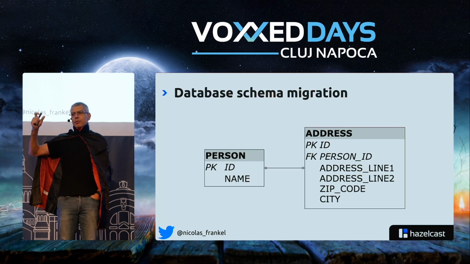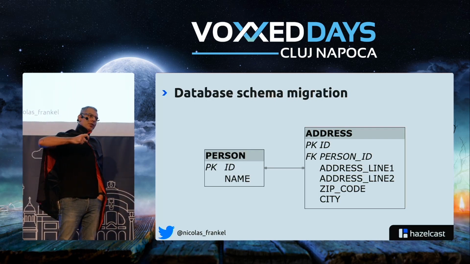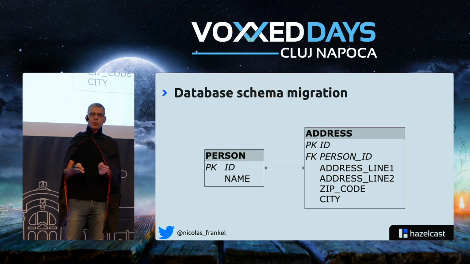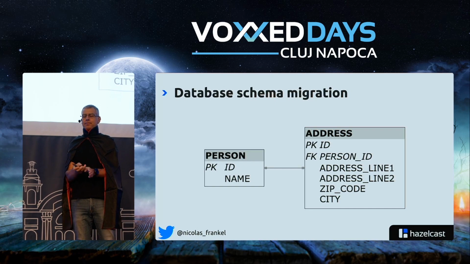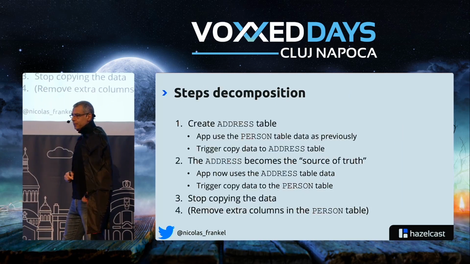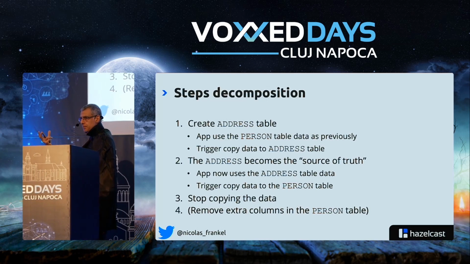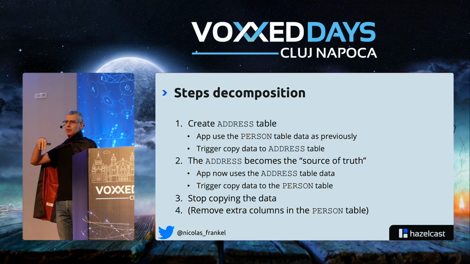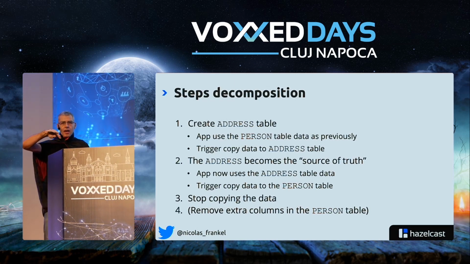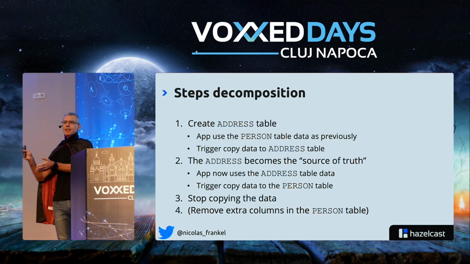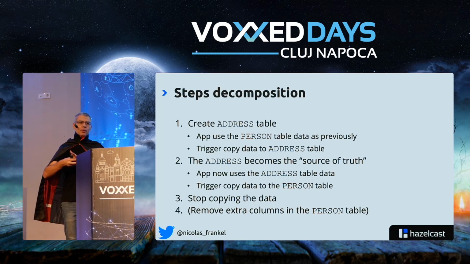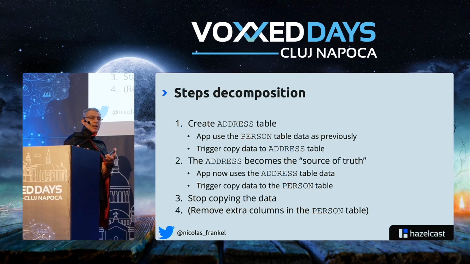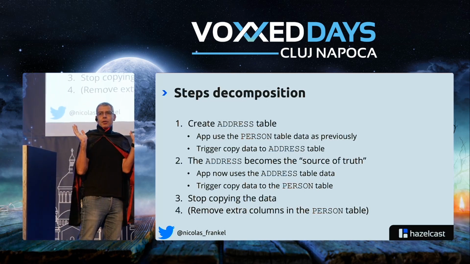So we will break down this non-compatible change into a pipeline of steps that are compatible side by side. The first step, we will create the address table. And every time we do a change on the person table, we will replicate the change on the address table. If we need to roll back, we have additional data in address that is not used, we don't care that much, that's fine.